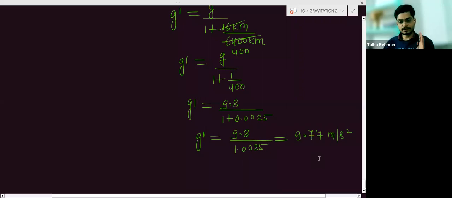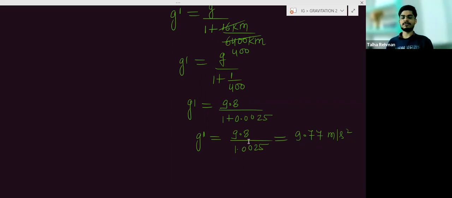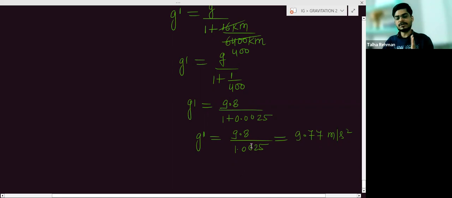Shafuddin, do this calculation fast, because if this question appears in the exam, I want you to be comfortable with the calculation. I also did this calculation by calculator.